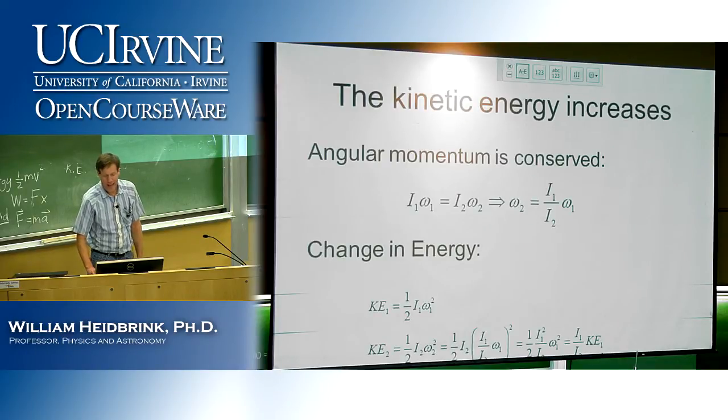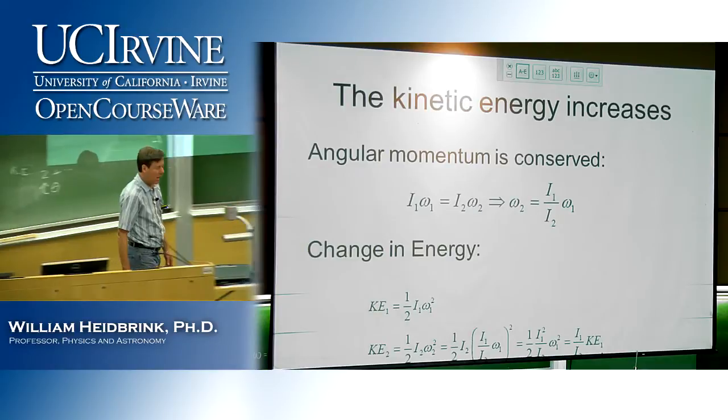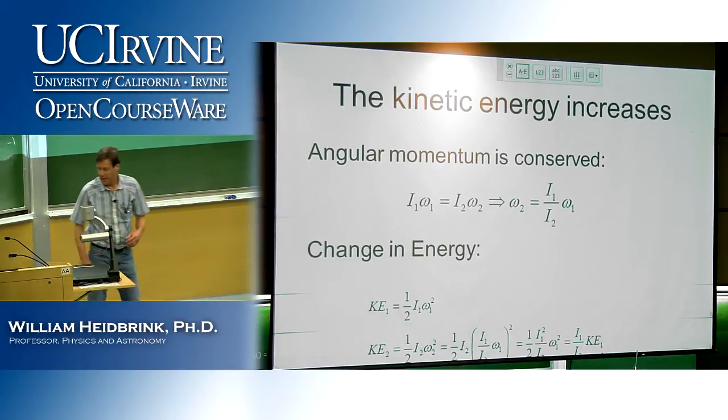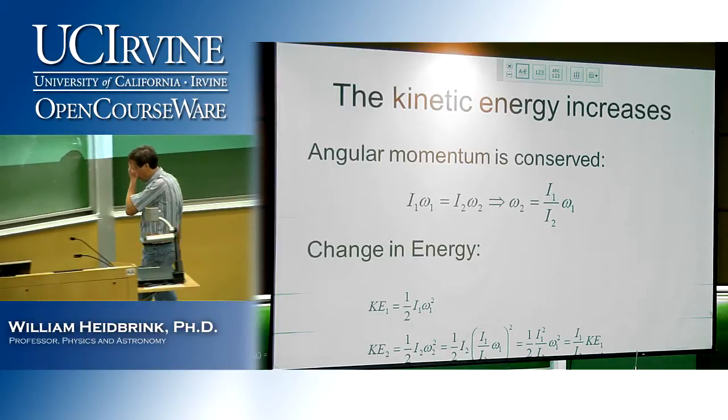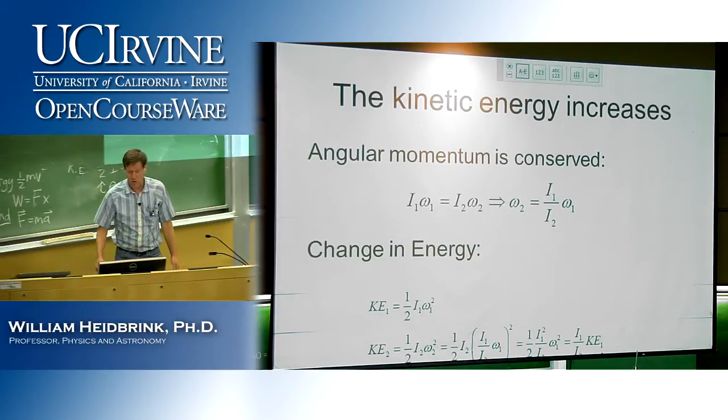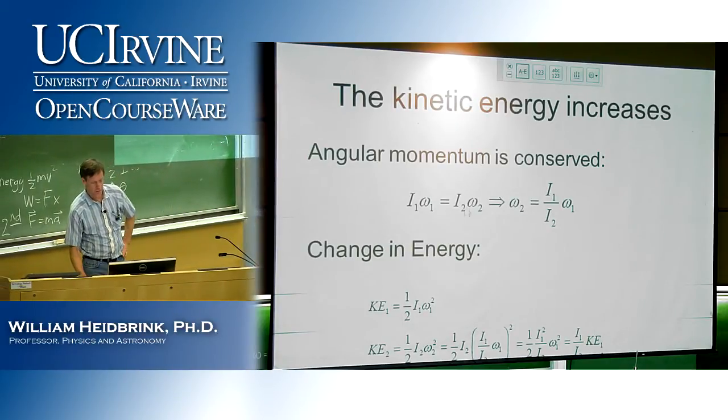Okay, now another thing that happens when I pull my arms in is that the kinetic energy increases. And that's not obvious right off, so I'm going to show you some math to show that that's the case. This we've decided for sure. Angular momentum's conserved. So think of 1 as when my arms are out. So when my arms are out, I1 is big. When my arms are in, I2 is small.